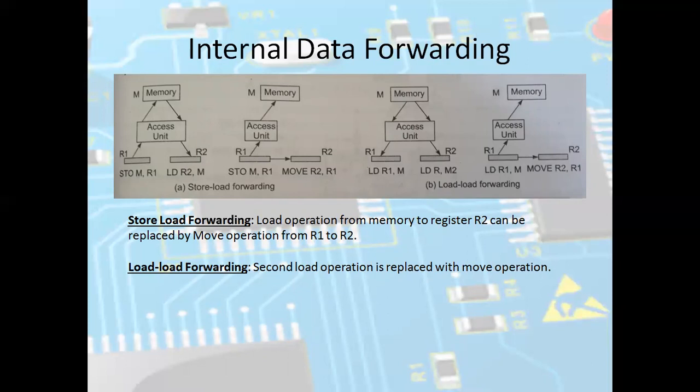Similarly, in the load forwarding mechanism, as we see in figure B, the load operation is required two times. But we can remove the second load operation and replace it with a move operation. That is very beneficial. In store-load forwarding, a load operation from memory to register R2 can be replaced with a move operation from R1 to R2. In load forwarding, the second load operation is replaced with the move operation.